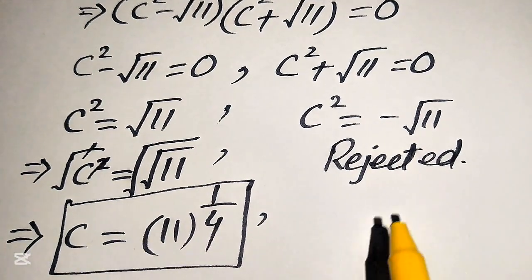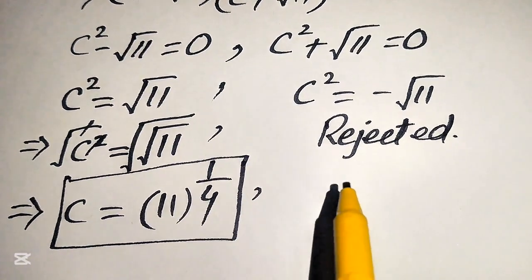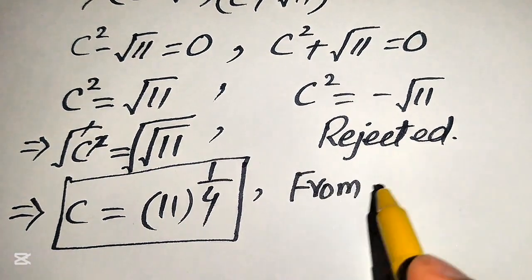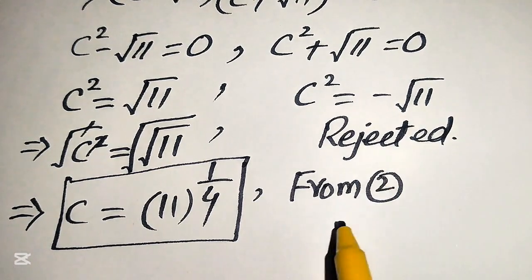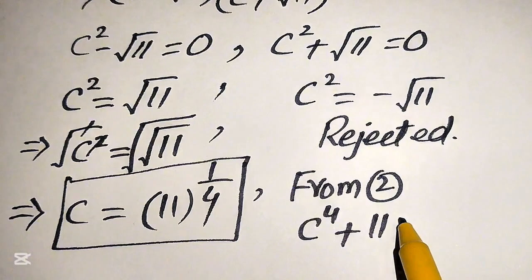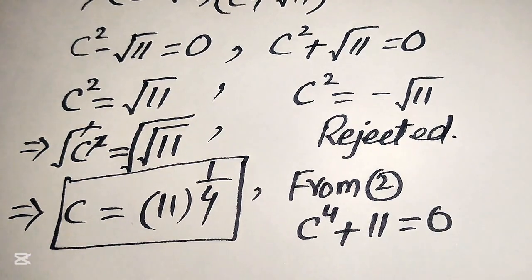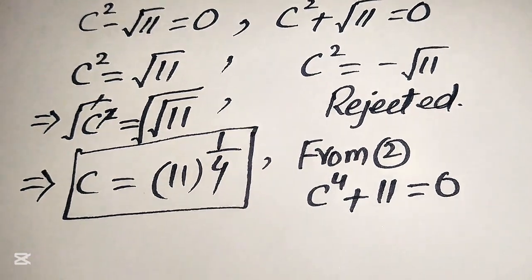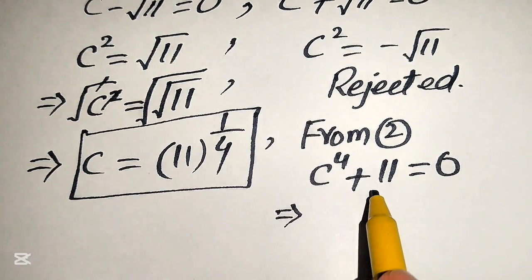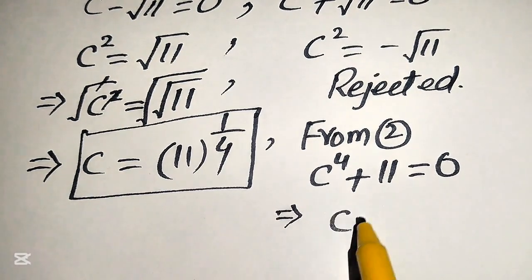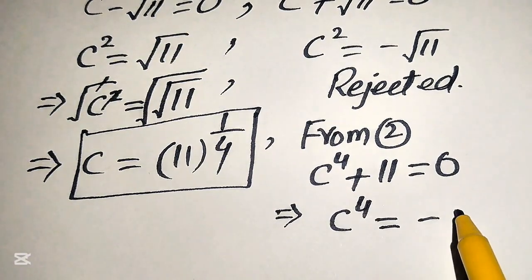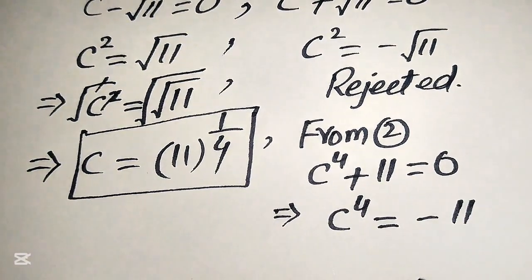Now we move backward and copy down equation number 2. This is c to the power of 4 plus 11 equals 0. When we move this plus 11 to the right hand side, it becomes c to the power of 4 equals minus 11.